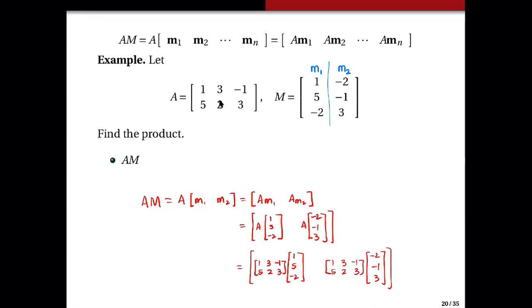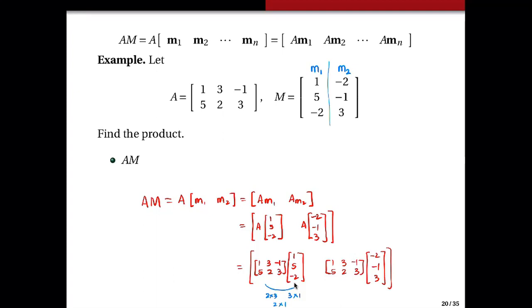Here you have 2 by 3, and here you have 3 by 1. So multiplication is well defined. When you multiply them, you will end up with 2 by 1.